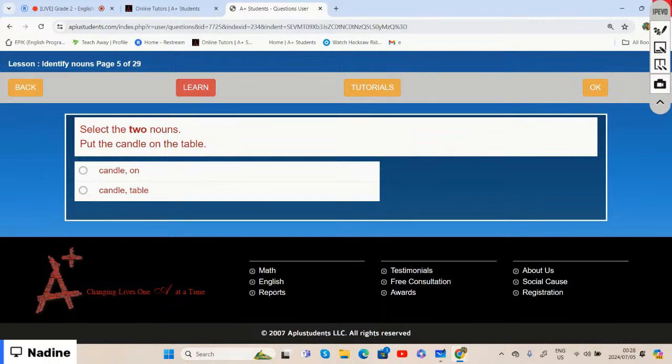We need to select the two nouns. Put the candle on the table. Candle on, candle table.